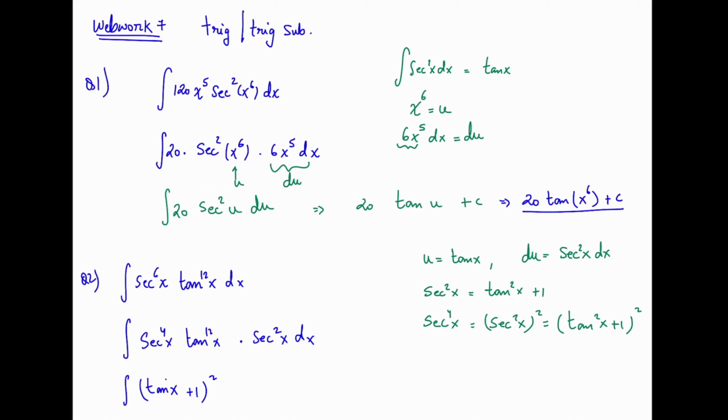This should be tan squared x, my bad, times tan to the 12x secant squared x dx. Now if you make tan x equal u, secant squared x dx becomes du. So in the substitution world, the integral becomes like this.